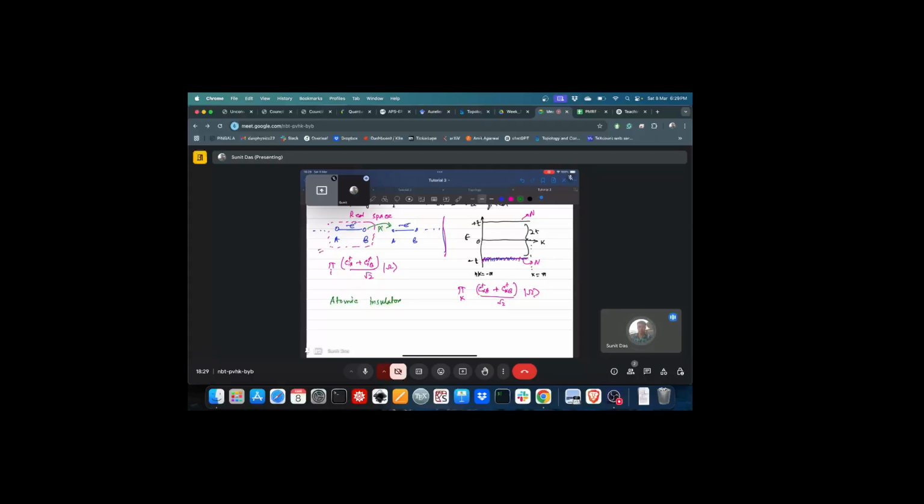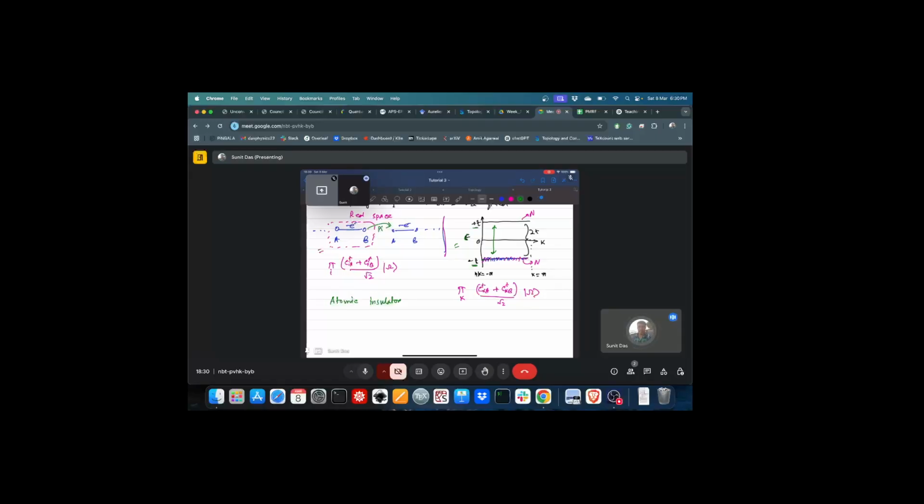That's why we call it an insulator. This is also evident from the energy spectrum in k space. One energy state is at minus t and another at plus t, and there is an energy gap of 2t. So this is definitely an insulator, right?